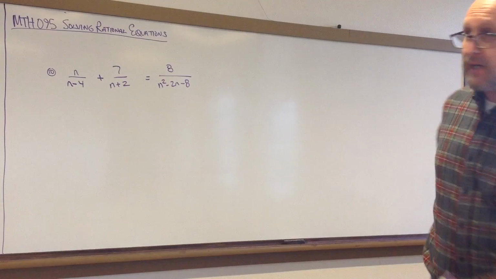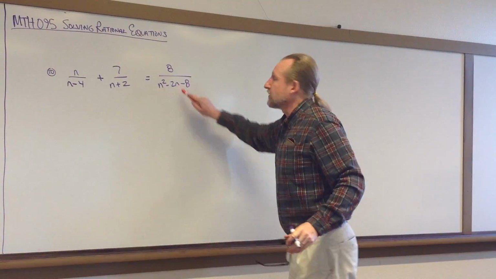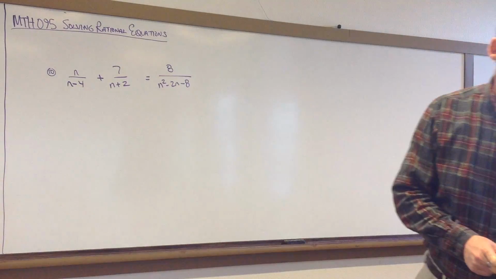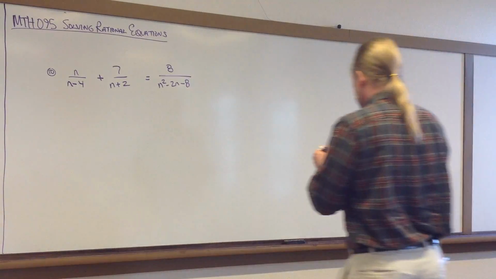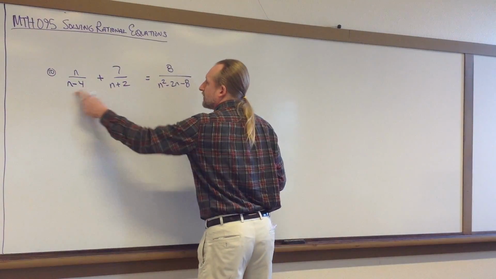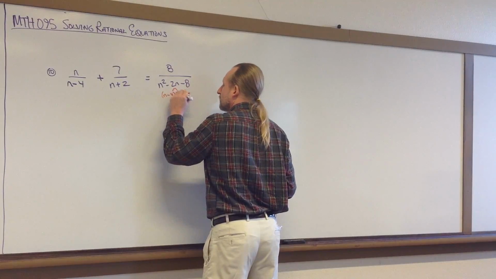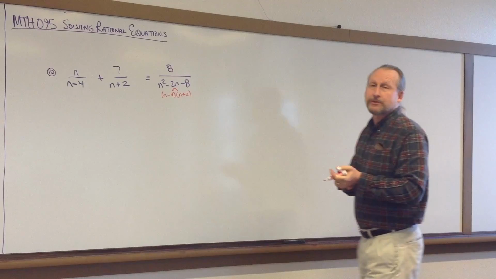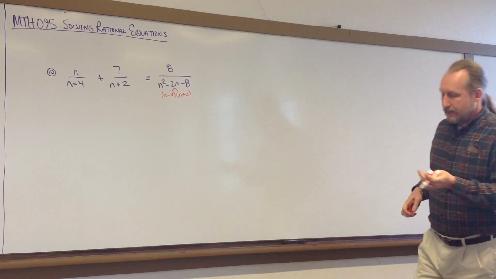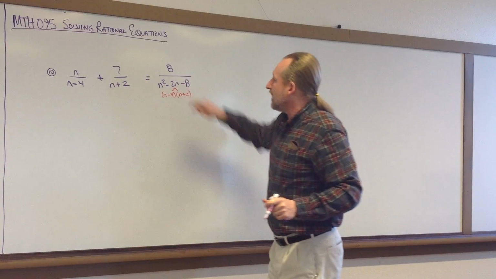So that's going to be our common denominator, n squared minus 2n minus 8. Okay? This is factorable, and it factors into the product of these two binomials right here, n minus 4 times n plus 2.